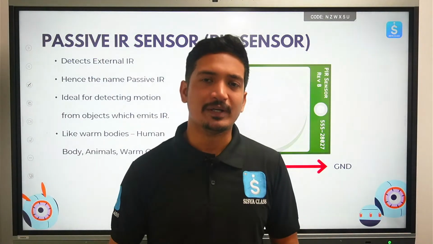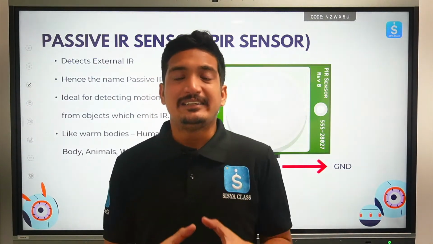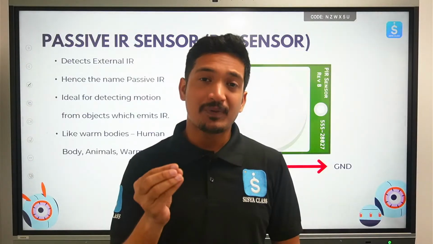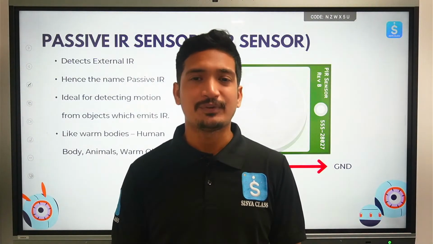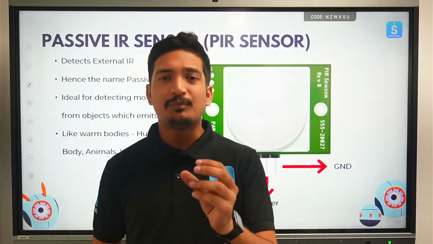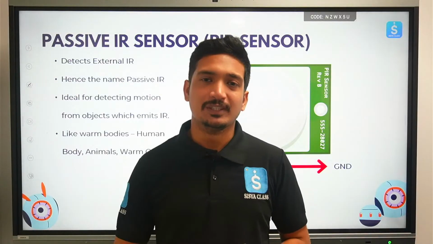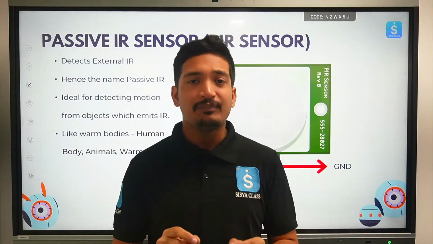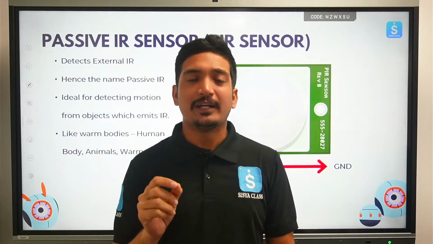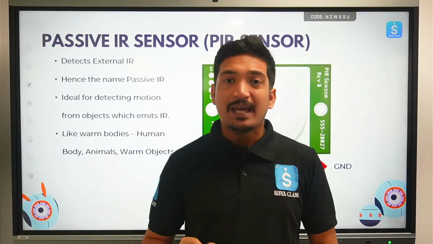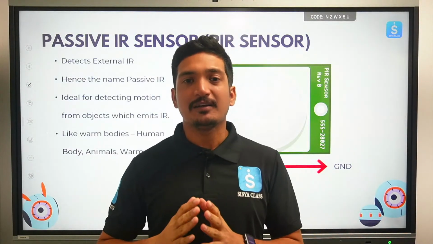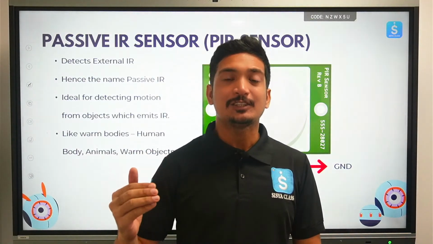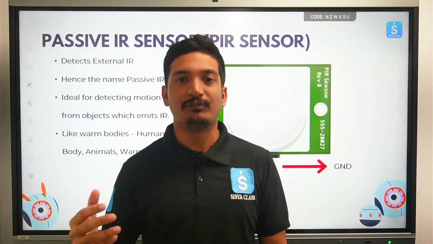Point number one, it says that it detects IR. IR stands for infrared. Let us take a moment to understand what infrared actually is. Infrared is electromagnetic radiation. It comes at the far end of the red color of the spectrum of visible light.